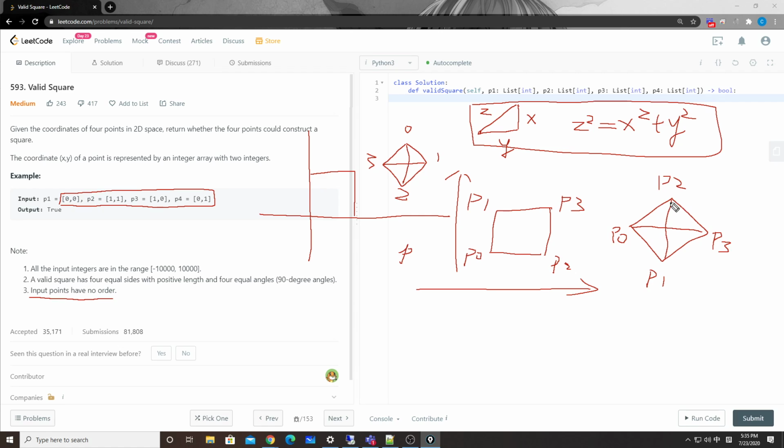After we compare the two diagonal lengths, we can just compare one set. We can pick any of them. We just need to compare two sides plus the diagonals. Then we can be sure it's a valid square, right?